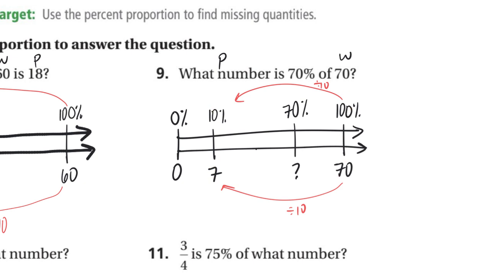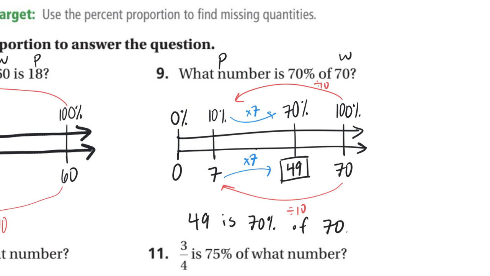From here, 10 times 7 is 70, so 7 times 7 gets us to our answer of 49. So we have that 49 is 70% of 70.